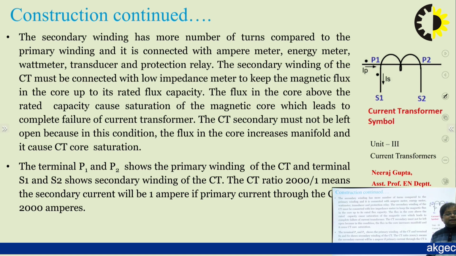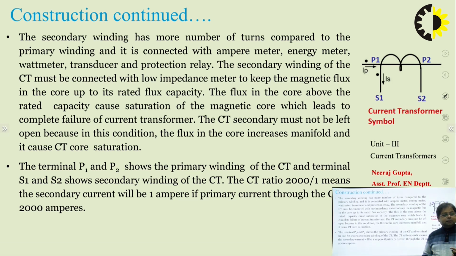So the CT secondary must not be left open circuited when it is connected to a line. It is preferred that it should have very low impedance, such as an ammeter or a transducer whose impedance is very small, or it should be shorted. Otherwise the flux in the core increases manifold and causes CT core saturation. That's what I told you.